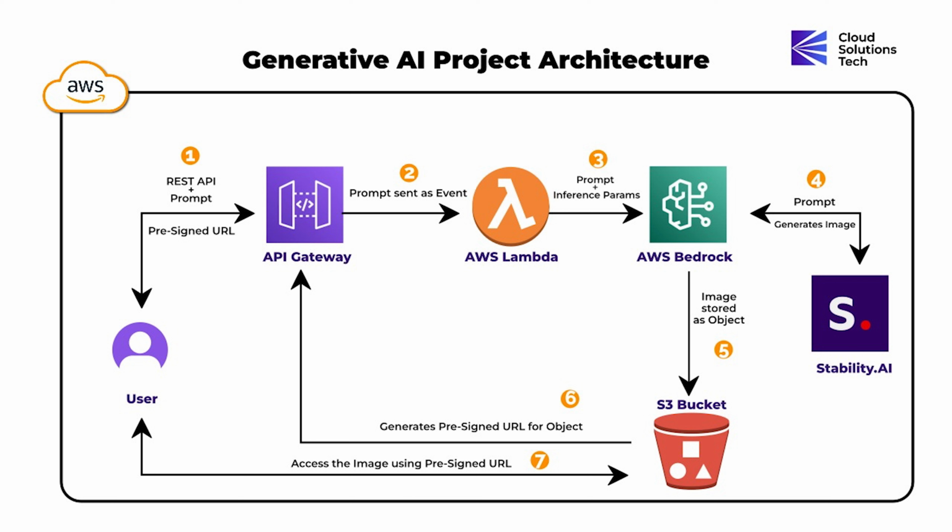After that, I integrated it with API Gateway to allow users to submit prompts and view their result via a Presigned URL. And finally, we tested everything with Postmate and successfully retrieved the generated images.